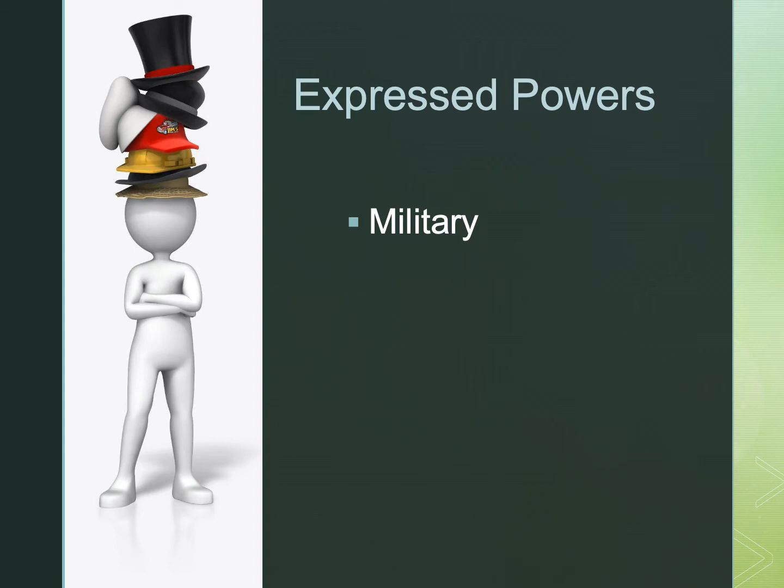So there's the goofy image that one way of thinking about the presidency is that the president wears many different hats. Our system is kind of unique because, as you'll see in your textbook, other countries divide the powers of the president; they don't have one individual that assumes all of these different powers, right?